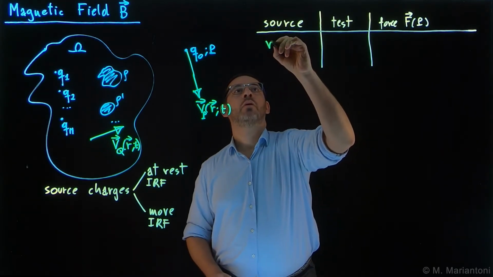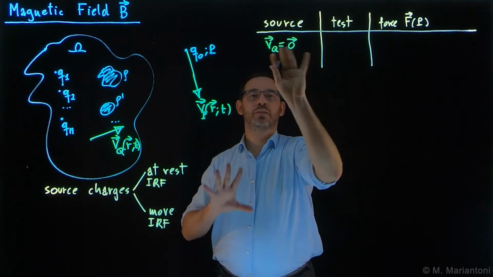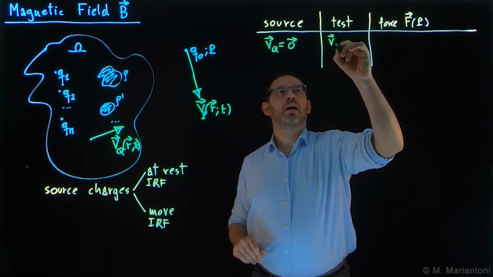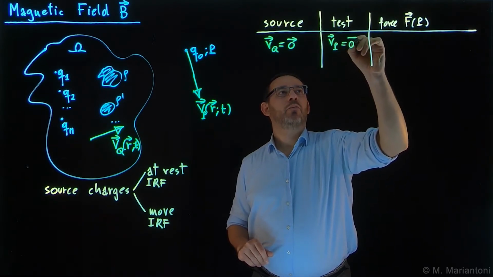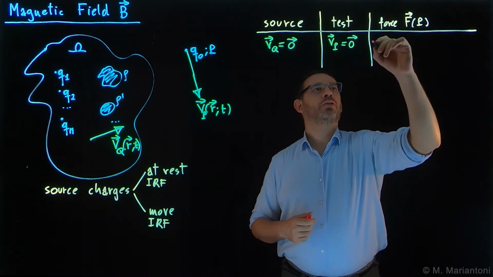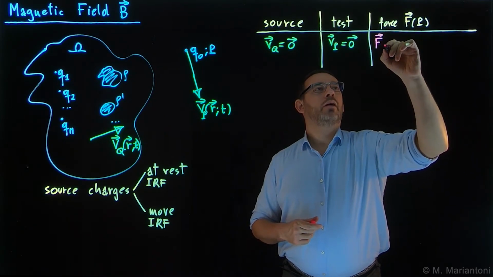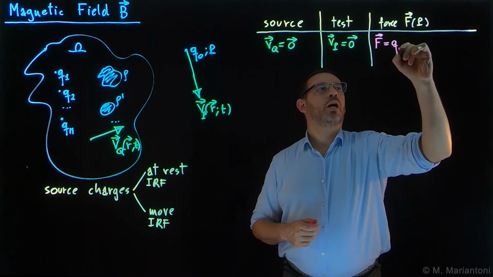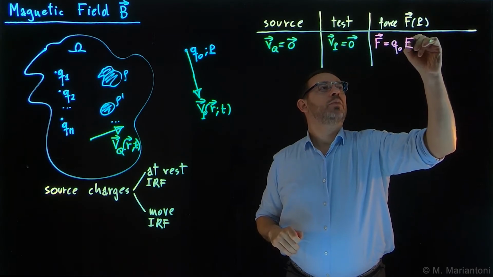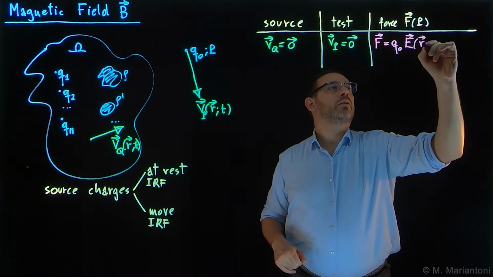So what happens if the source charges are characterized by a velocity v_Q equal exactly 0? So they are all at rest. This just in brief means they are all at rest. And also, let's say the test charge v_P is at rest. So everything is at rest. Well, as I already said, then we go back to the electrostatic case, which we studied up until now. So in this case, we know that the force has to be an electric force. And this is equal to the test charge Q naught, which is our charge here, point capital P, multiplied times the electrostatic field due to all these source charges, which is E at r.